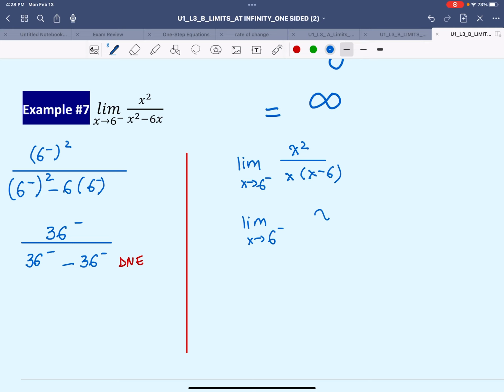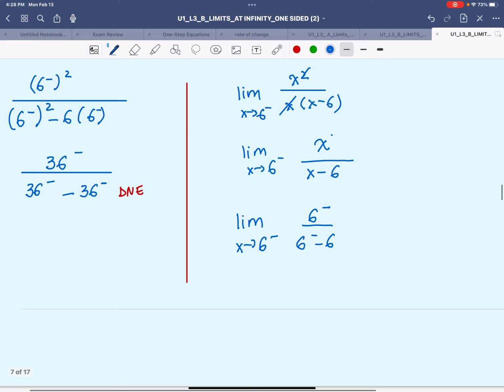So we have x over, so obviously we are simplifying this, x minus 6. And here we go again, we have x approaching 6 minus, and here we get 6 minus over 6 minus minus 6. So let's continue on.